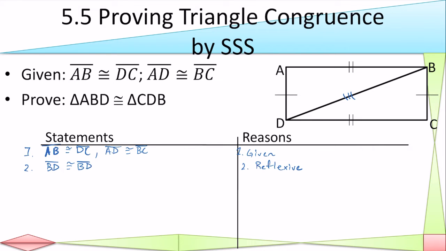And so now I have the three sides of the one triangle congruent to the three sides of the other triangle. So we can just say triangle ABD is congruent to triangle CDB by, well, it was side, side, side.